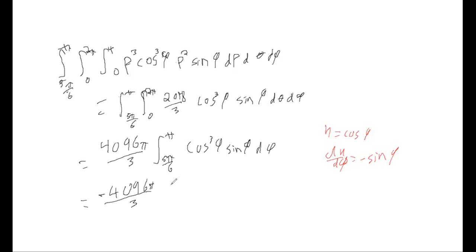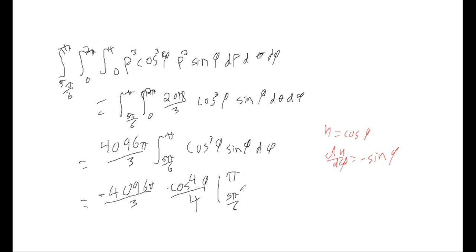Then we'll have what looks like cosine to the 4th of phi over 4 evaluated from 5 pi over 6 to pi. Obviously, this 4 can cancel with that 4096 and just become 1024.